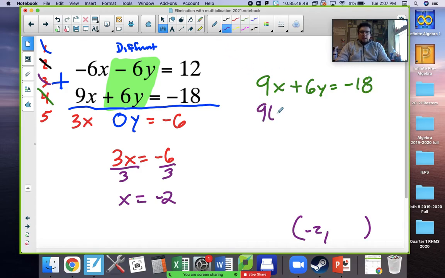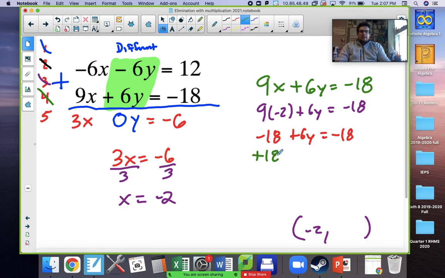I'm going to plug in -2 for x. And now we're going to solve again. So I'm going to add 18. 6y equals 0. Divide by 6. And y is 0.